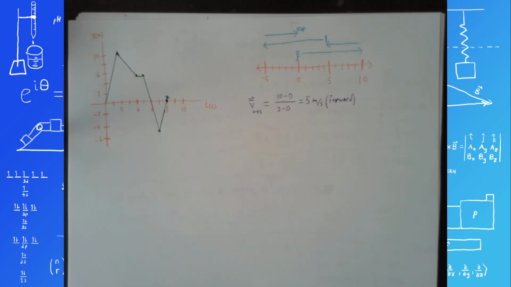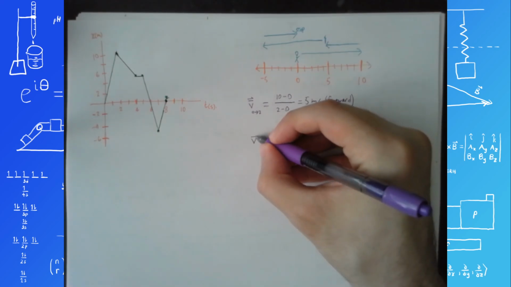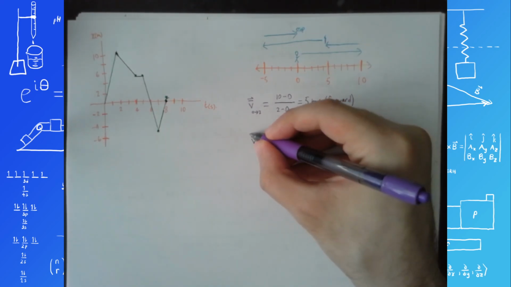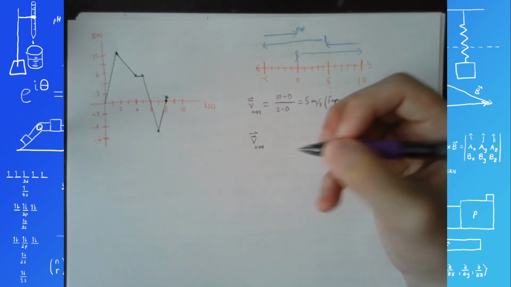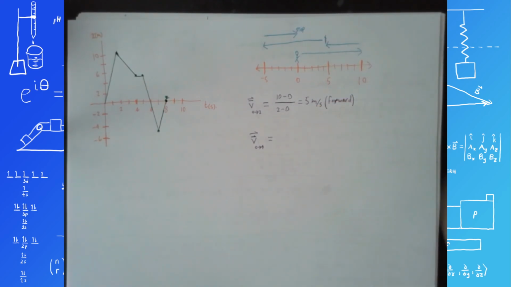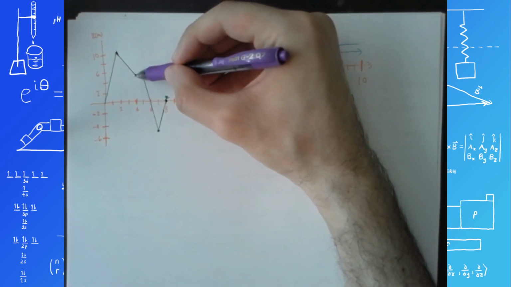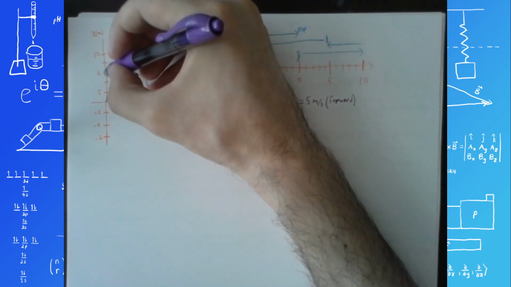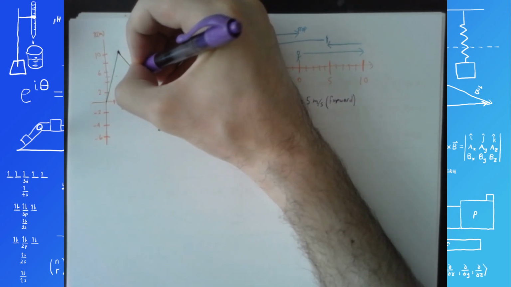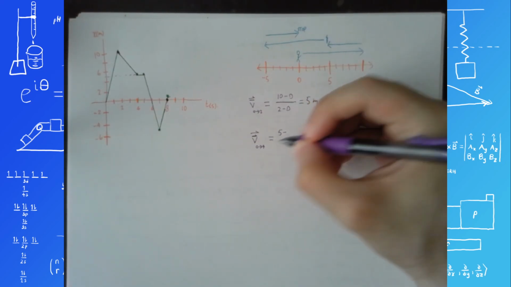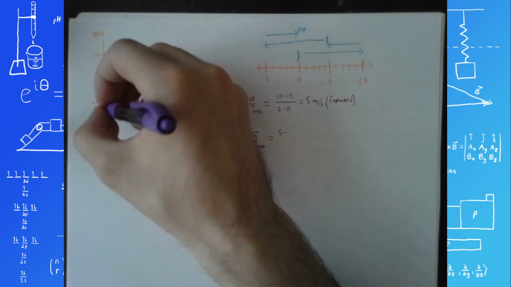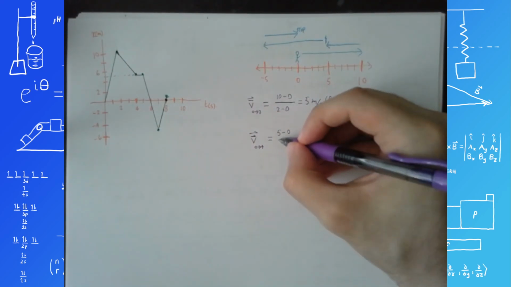Anyway, next it's asking us, what is the average velocity from 0 to 4? Okay, so at 4 seconds, they are over here at the 5 meter mark, minus initially at time 0, they were at position 0.